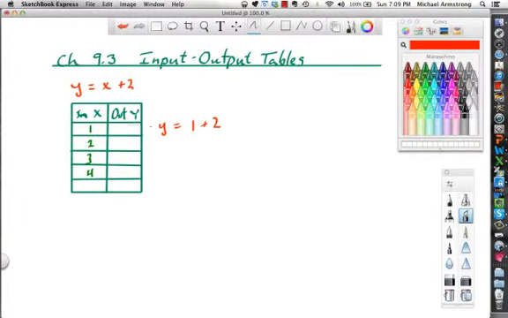And so y has to be 3. And y equals 2 plus 2, because x is 2 now. And that has to be 4. 2 plus 2 is 4. 3 plus 2 is 5. 4 plus 2 is 6.